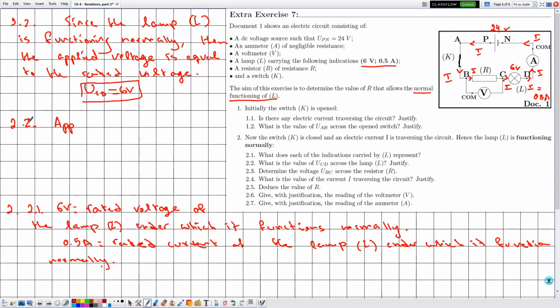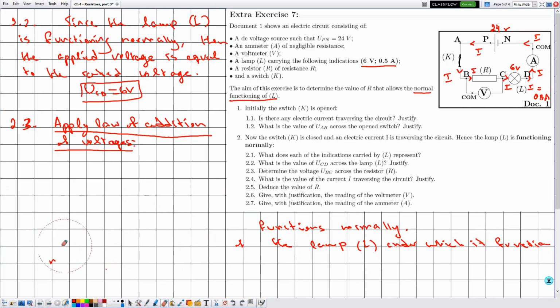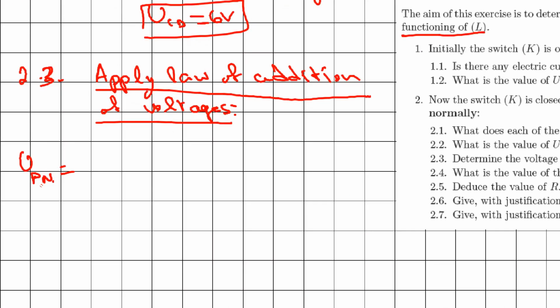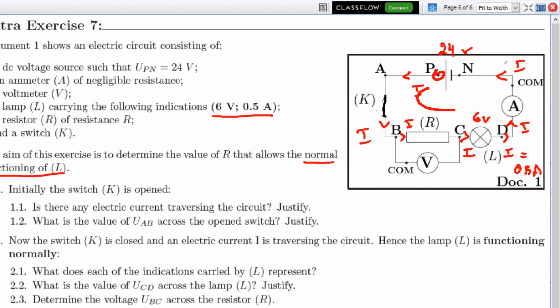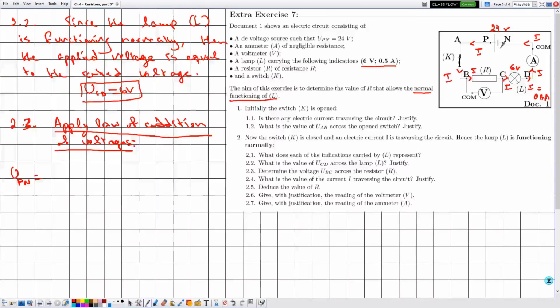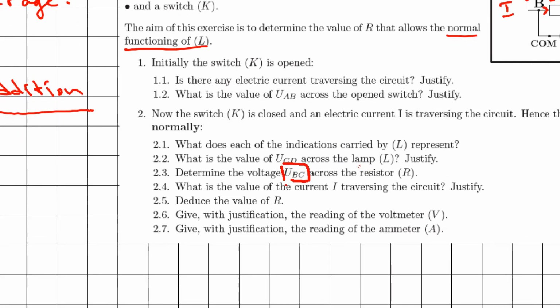So here we are in part 2.3, apply law of addition of voltages. Always on the left we write the voltage of the battery, which is given by UPN, and on the right hand side of this equation we'll go from P to N across different electric components starting from P and ending with N. So from P to A, keeping in mind that UBC must appear in the equation.